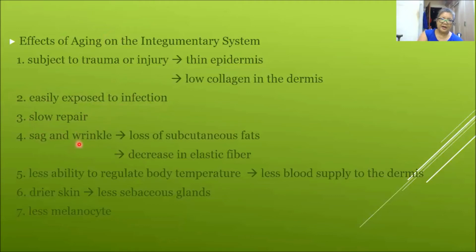Another highlight of the aging integumentary system is the wrinkling because of the loss of subcutaneous fats and a decrease in the elastic fiber. Because of this loss, there will be sagging and wrinkling of the skin. There is also less ability to regulate body temperature because there is less blood supply to the dermis.